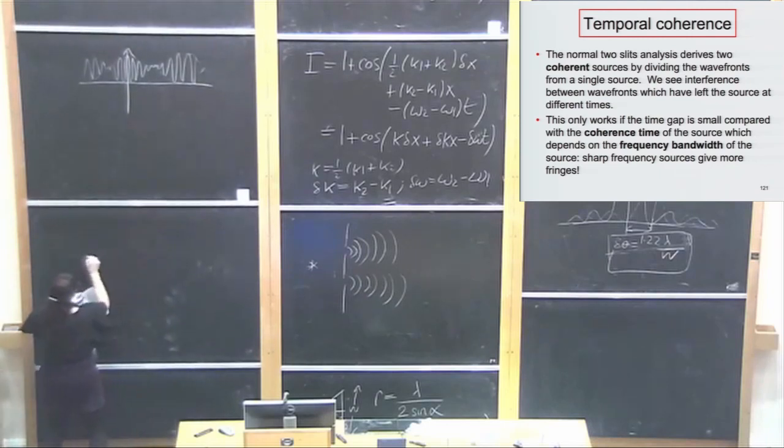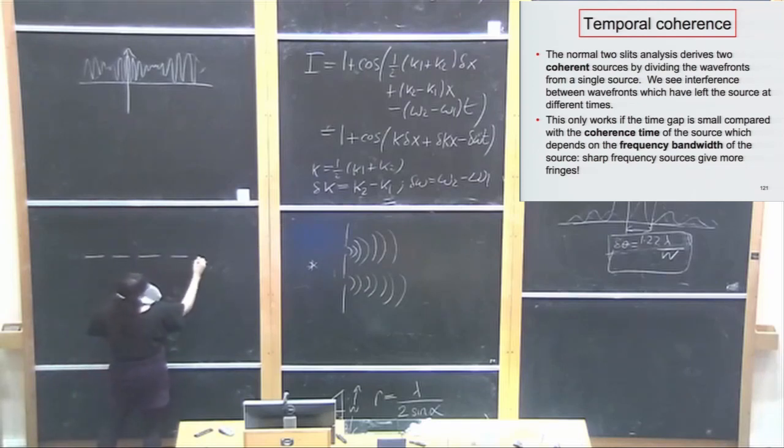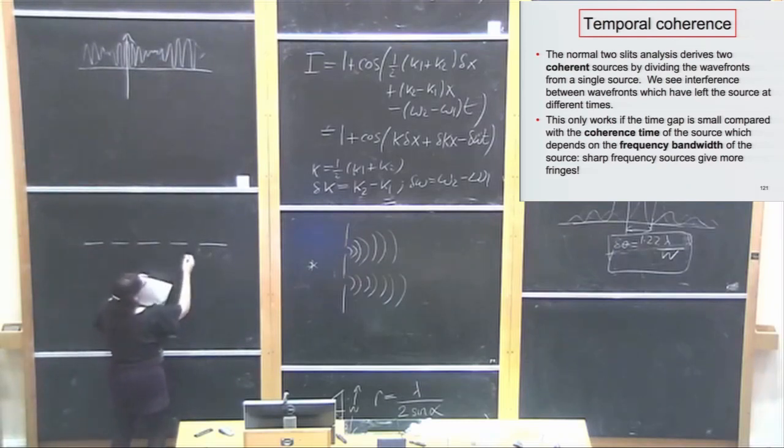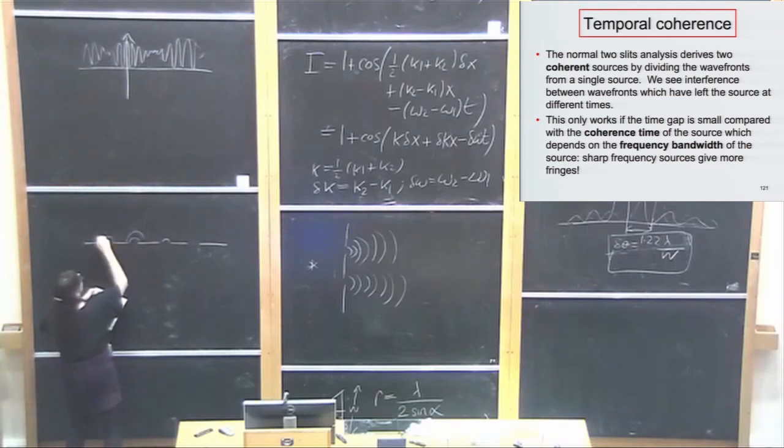So if I try and redraw a picture that we used when we were looking at the diffraction grating, we sort of use this sort of picture to figure out where our positions of maximum intensity would be, right?